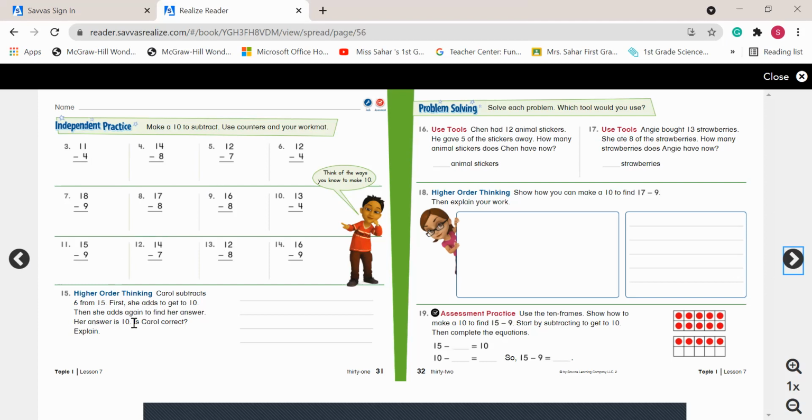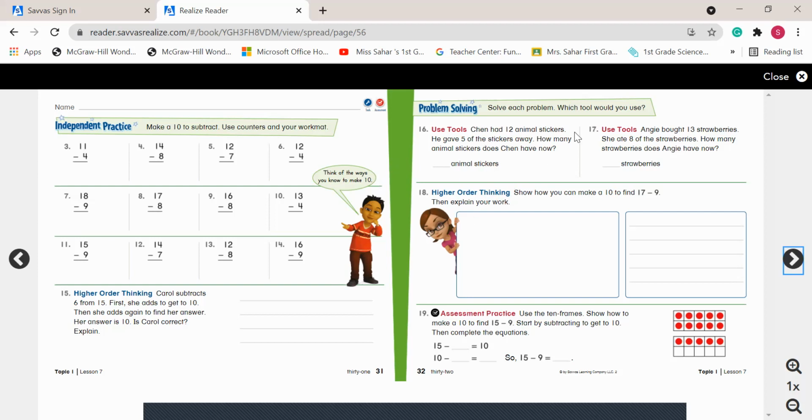Okay. Let's go for number 16, page 32. Chen used tools. Chen had 12 animal stickers. He gave five of the stickers away. How many animal stickers does Chen have now? So this is an easy subtraction. You can do the 10 frames and the counters.